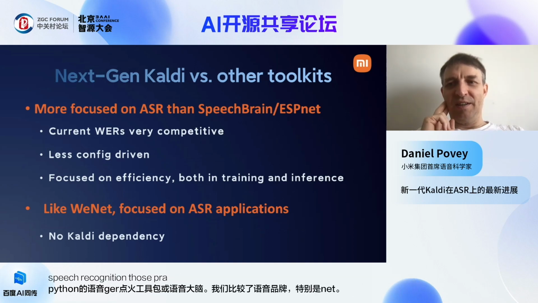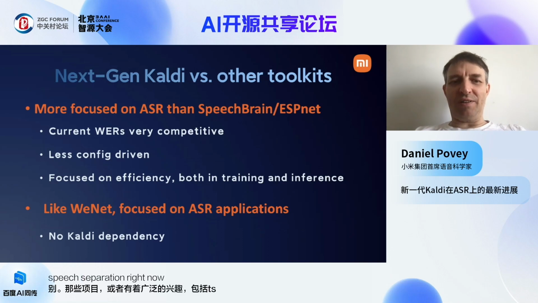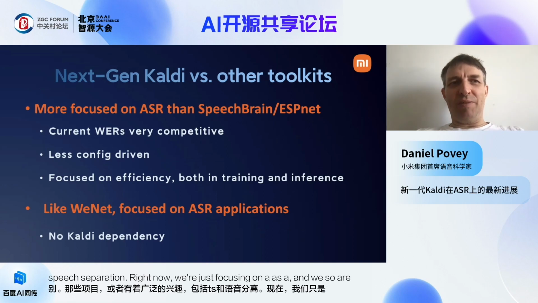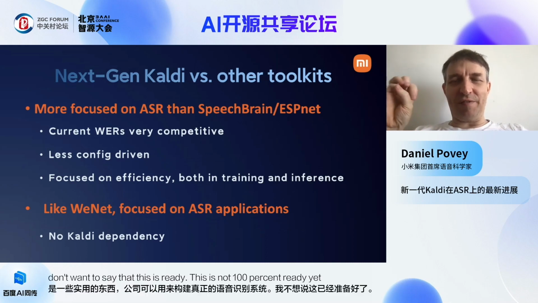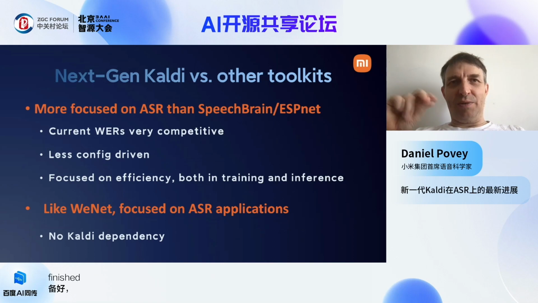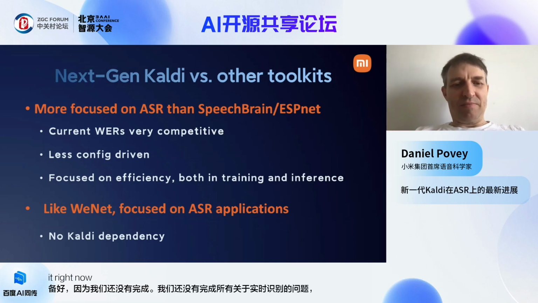Those projects have quite a wide range of interests, including TTS and speech separation. Right now, we're just focusing on ASR, and our main focus is to be something practical that companies can use to build real speech recognition systems. I don't want to say that this is ready. This is not 100% ready yet, because we have not finished all the issues about real-time recognition, but we're working very hard on it right now.